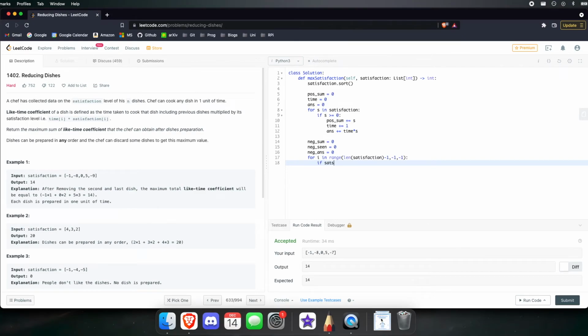Now, if this value is negative, we want to do our logic. So first, let's compute the total, which is the summation of all the negative numbers we've seen so far. This total is going to be equal to the previous negative number summation plus the current one we're on.